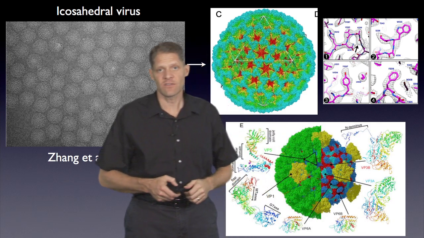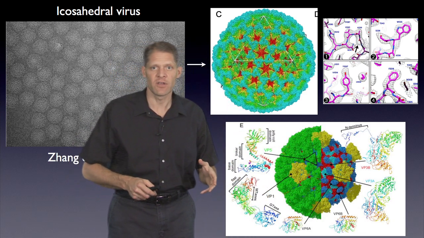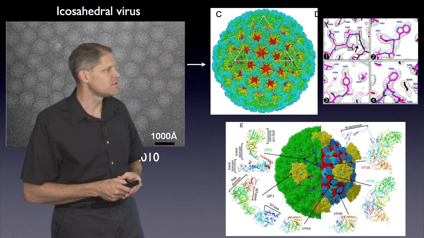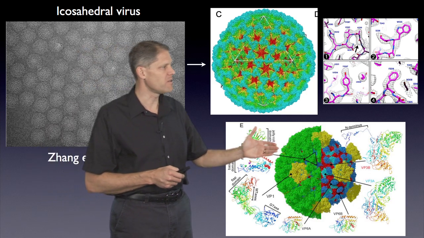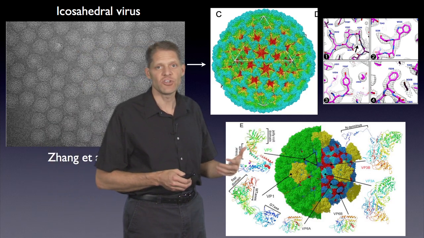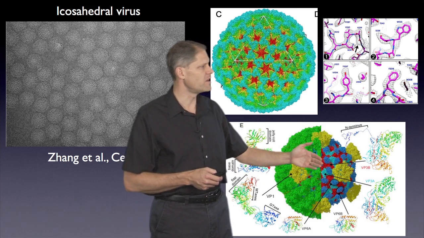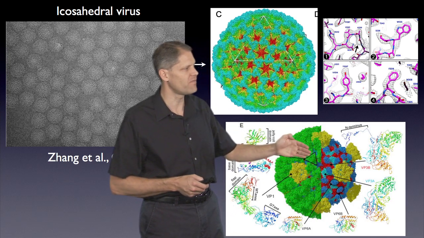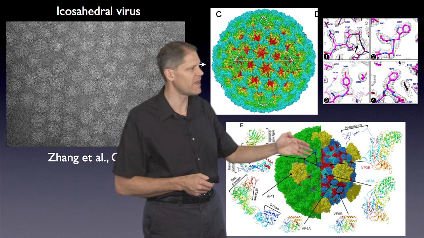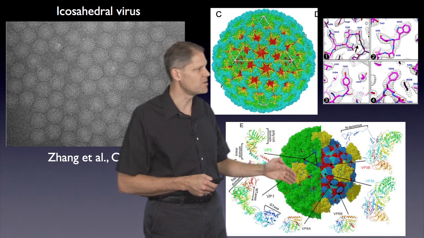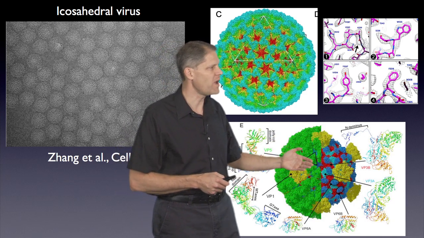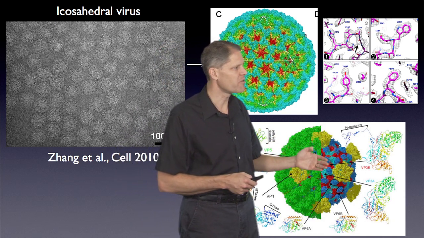And so in this case, single particle analysis allowed Hong and his colleagues to build up an atomic model of the entire virus. And this is shown impressively in this cutaway view where there's multiple layers in this virus. So here green is the outside layer, and you see the turrets in gold. And then if you cut those away, you see an inner layer with other proteins.